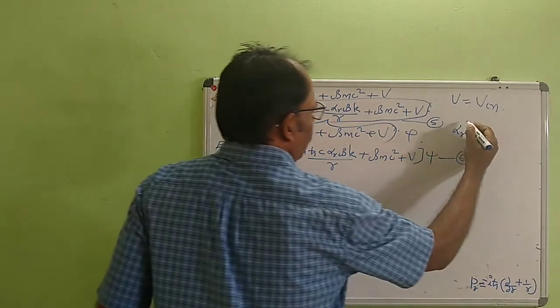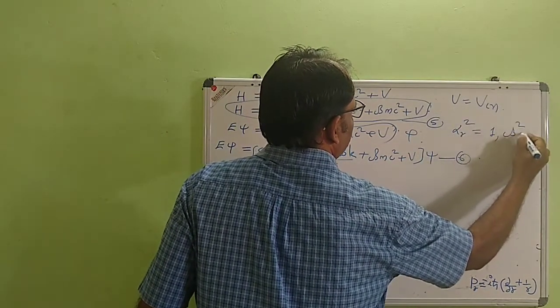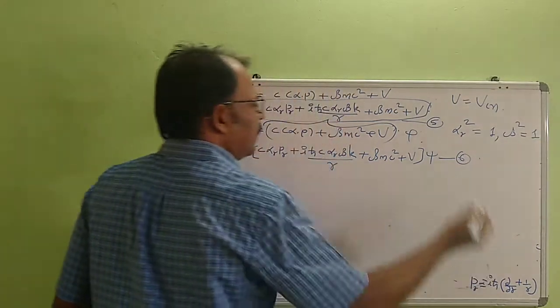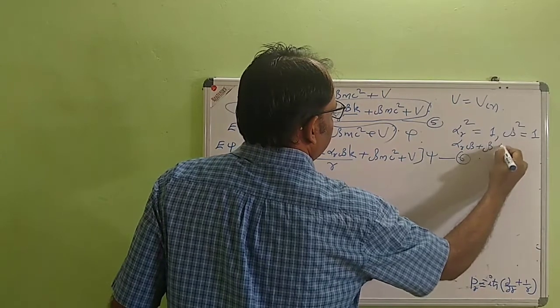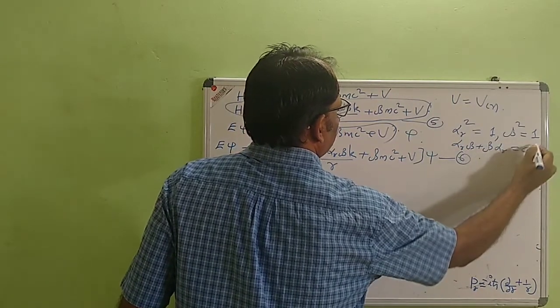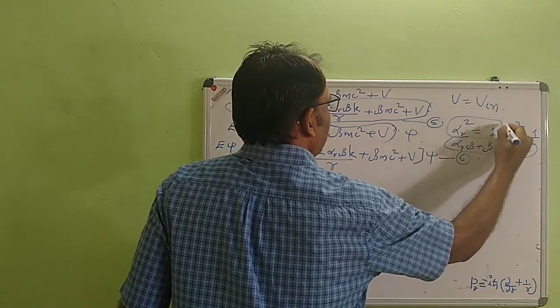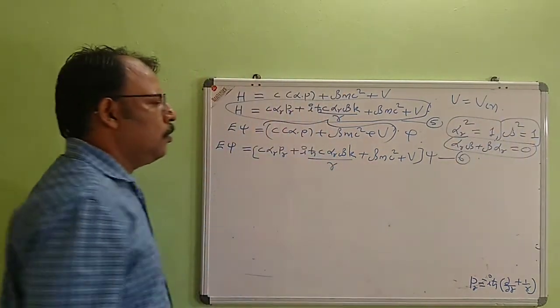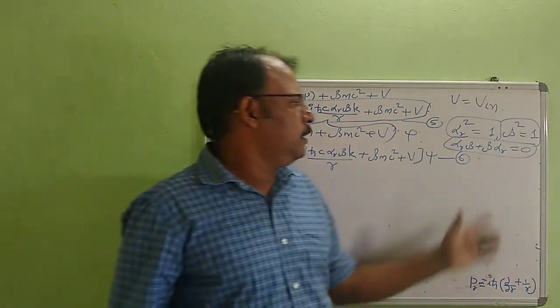They obey the property alpha R square should be equal to 1. Beta square also should be equal to 1, and they are anti-commuting operators. Alpha R beta plus beta alpha R equal to 0. Alpha R and beta are anti-commuting operators, and their square is equal to 1. With this property we can determine the matrices.